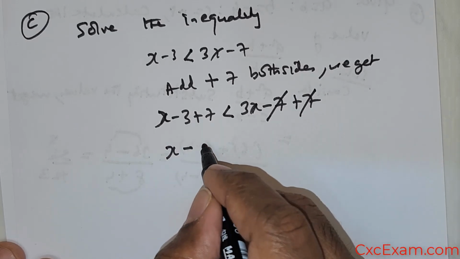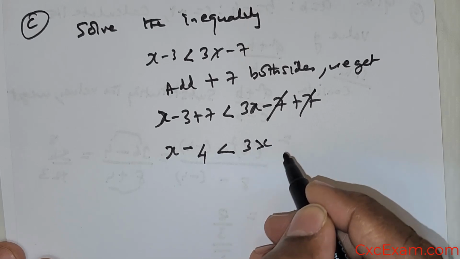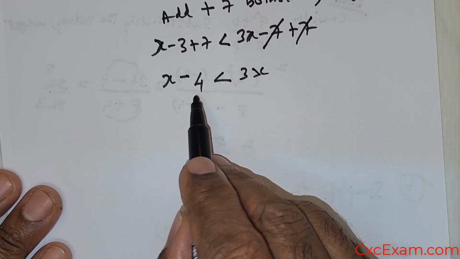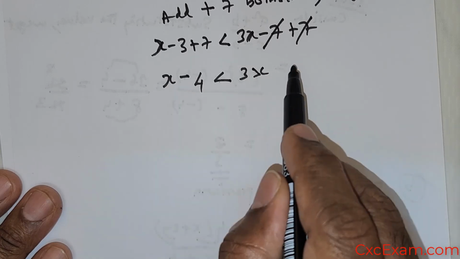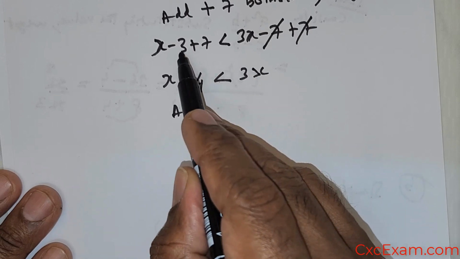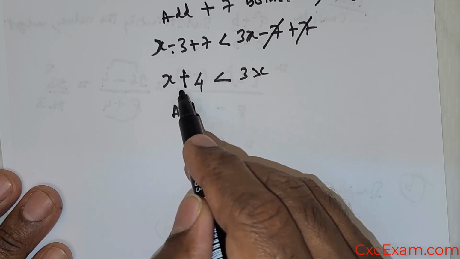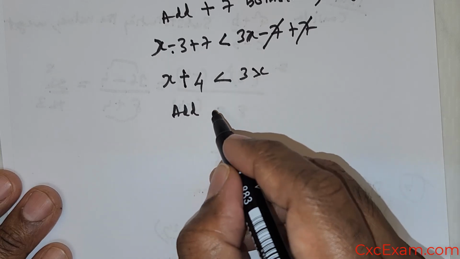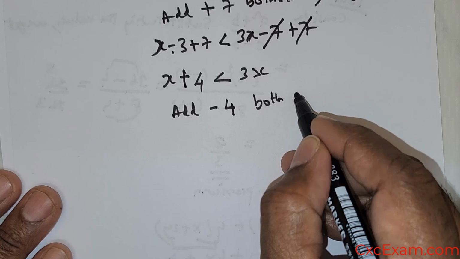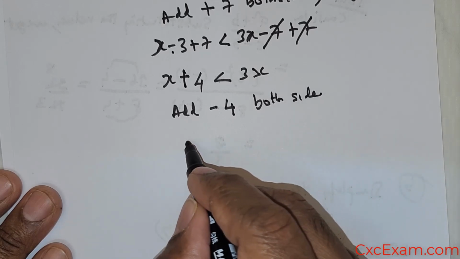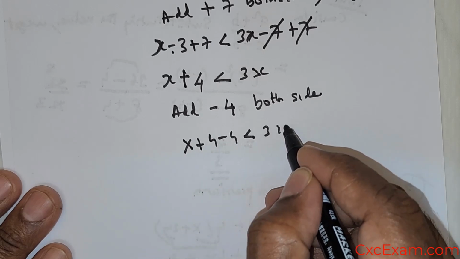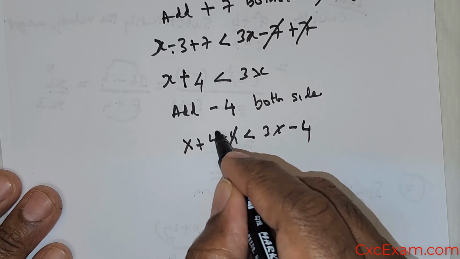You have x + 4 less than 3x. It's actually +4, not -4, because -3 added with +7 will give us +4. So I'm going to add -4 to both sides. That would give me x + 4 - 4 less than 3x - 4.